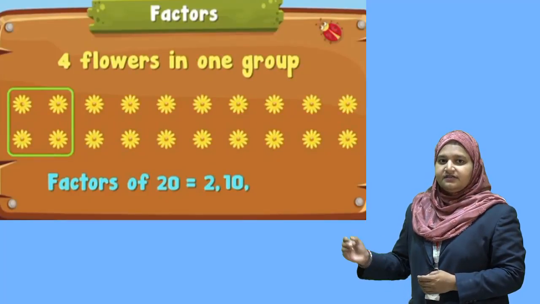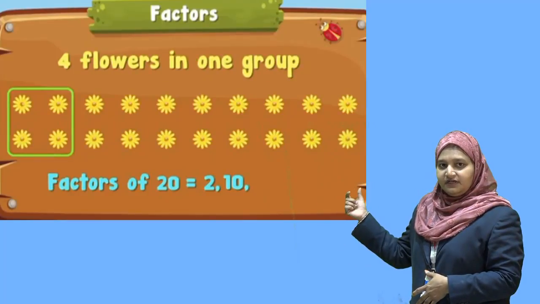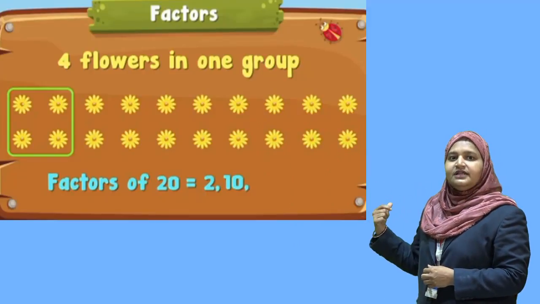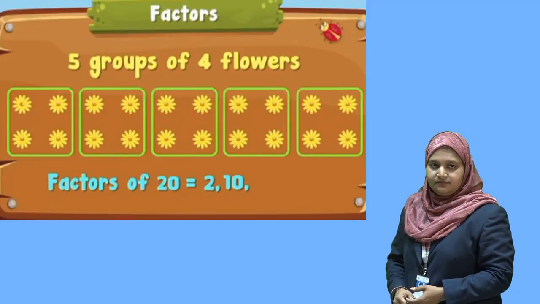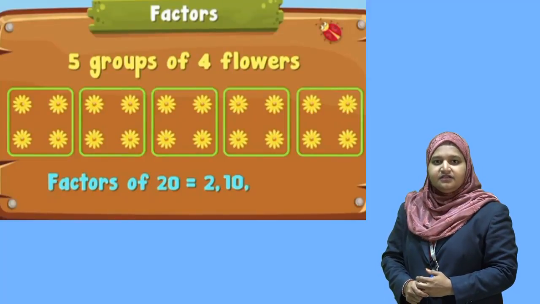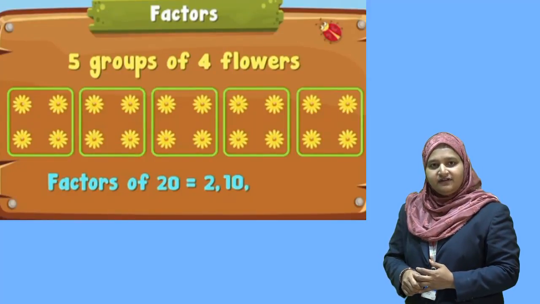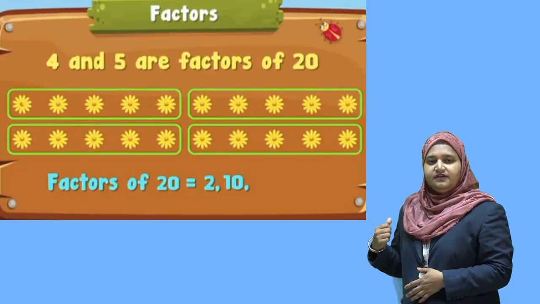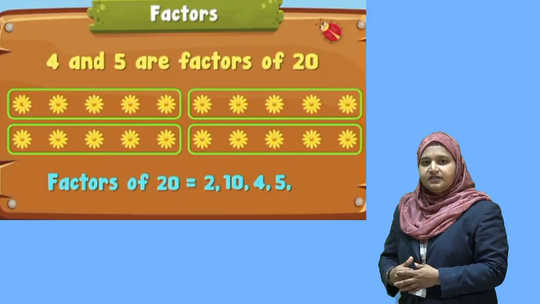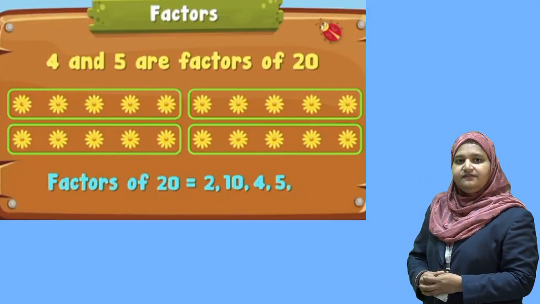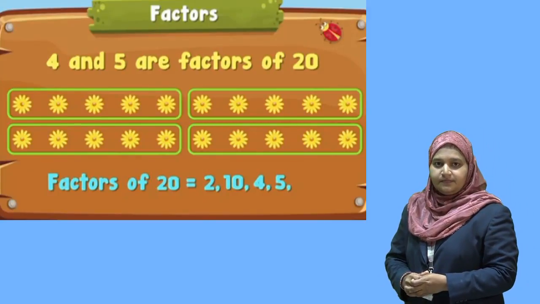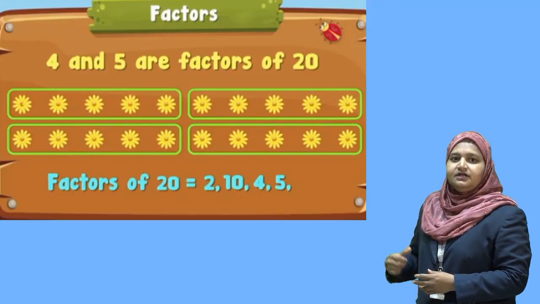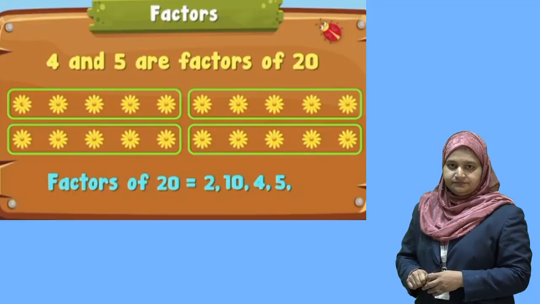In such a way, we can divide the flowers into 5 groups without leaving any remainder. Another way, we can arrange 5 flowers in one group. In such a way, we can divide the flowers into 4 groups, so that here again we are getting no remainder. So hence 5 and 4 are also factors of 20.